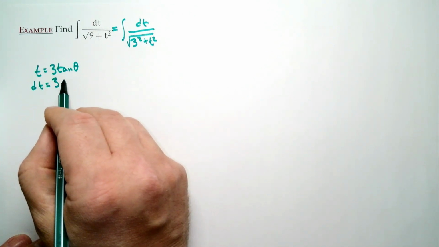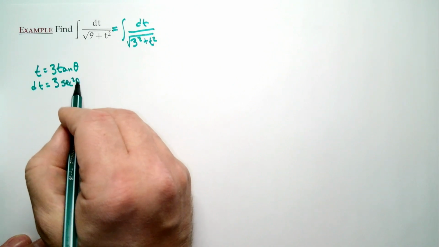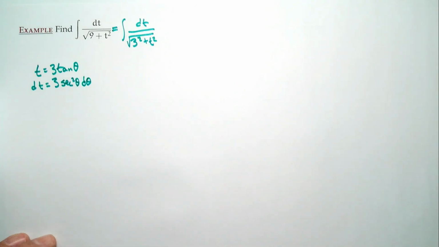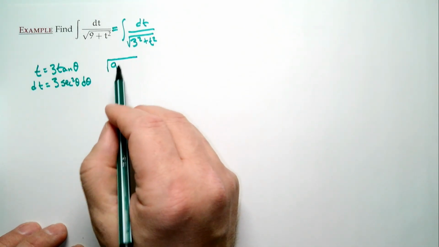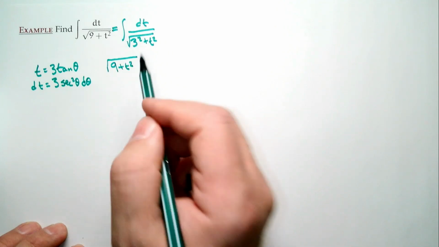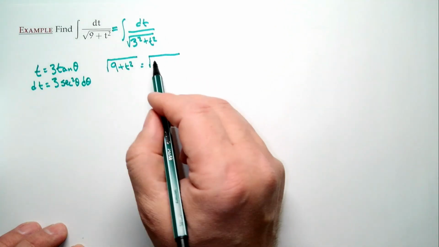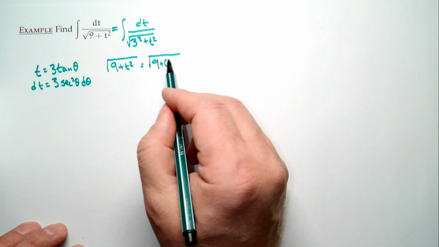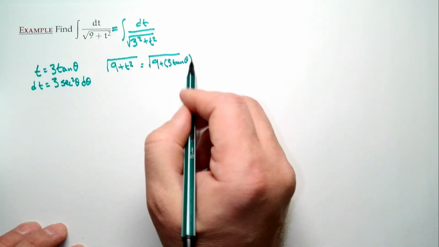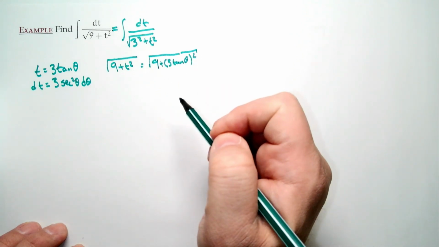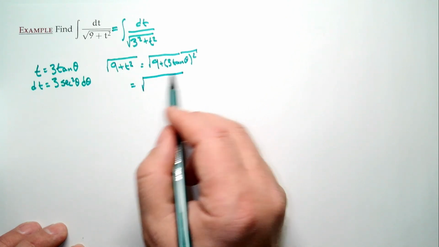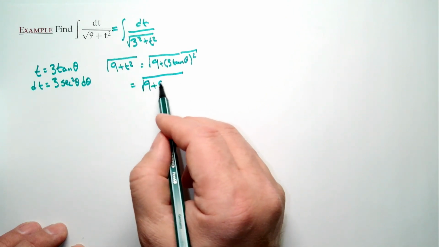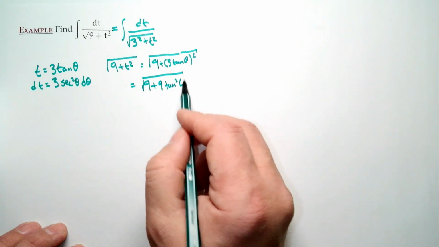Three secant squared d theta. All right, well, we need to do something else. Let's figure out what is the square root of 9 plus t squared. Well, according to this, that's the square root of 9 plus 3 tangent theta squared. Well, that's the square root of 9 plus 9 tangent squared theta.